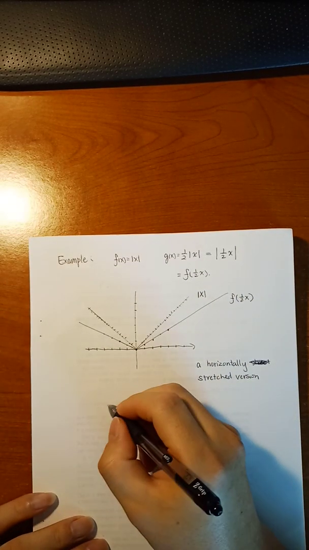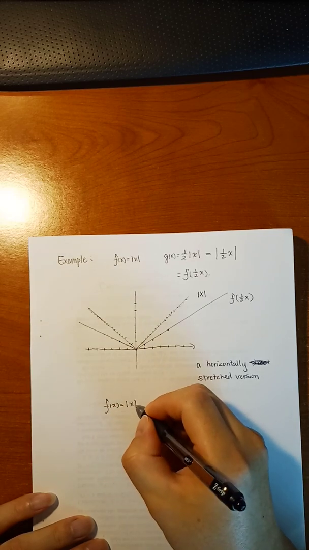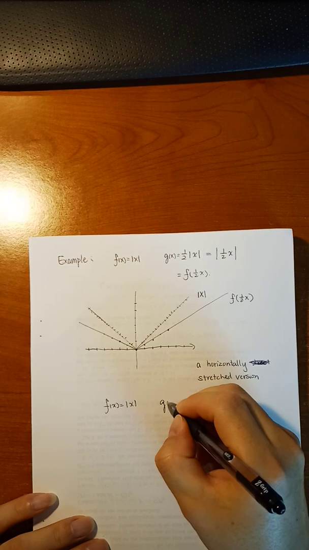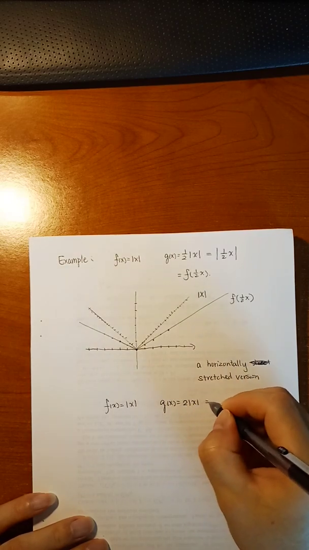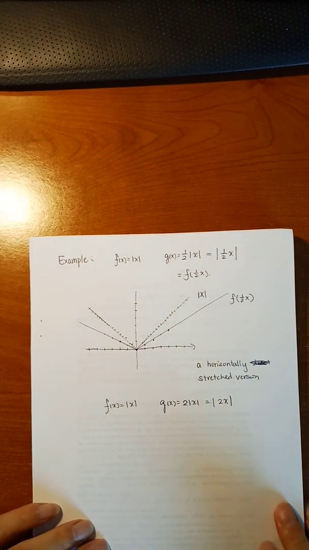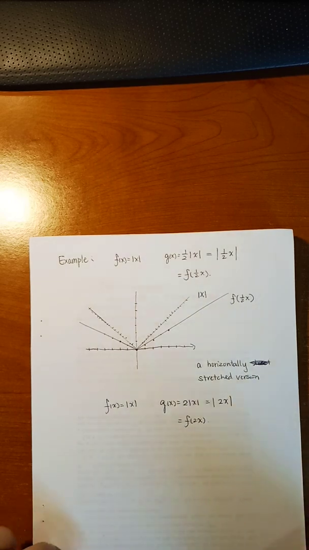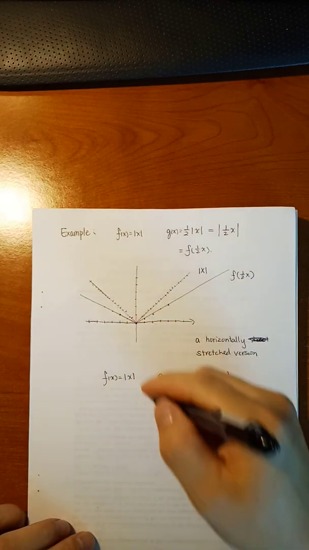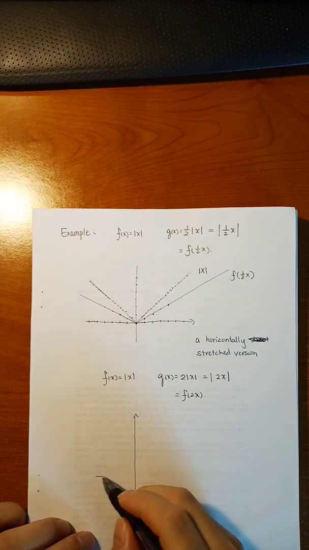And similarly, you have absolute value of x, and your g of x as 2 times absolute value of x, and again we put this 2 into the absolute value, then it becomes f of 2x. And we do a similar graph.